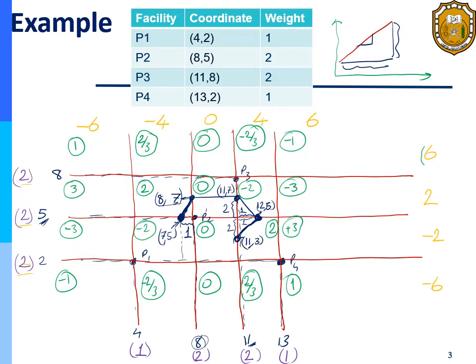Okay, the next grid has slope 0. It means that I will move parallel to the x-axis and I will be hitting this borderline, and its x coordinate is 8 and y coordinate is 3, the same as the previous one.